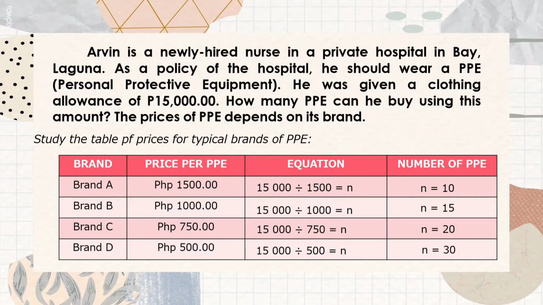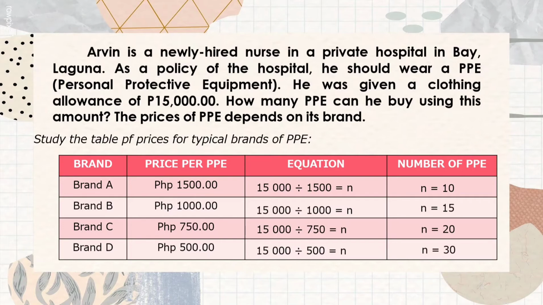So, ang mabibili niyang number of PPE will be 10 pieces. Okay, so how about brand B? The brand B's price is 1,000 pesos. So, kung yun ang bibilihin niya, we have to divide 15,000 divided by 1,000. So, ang makukuha niyang number of PPE ay 15.